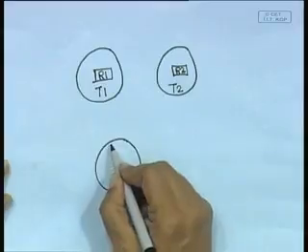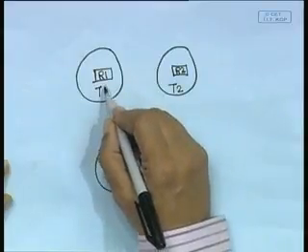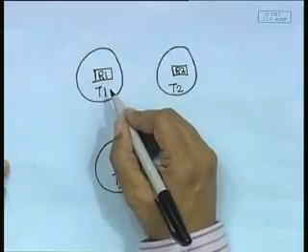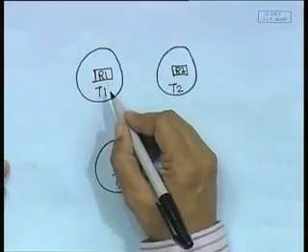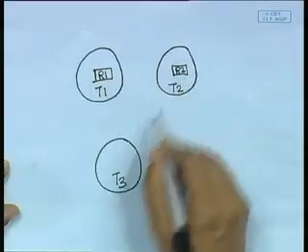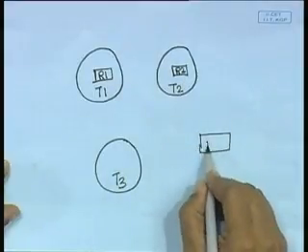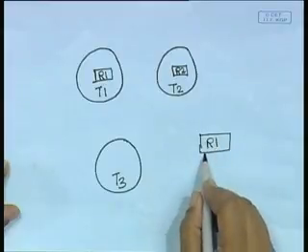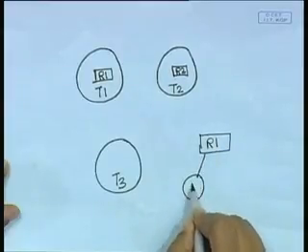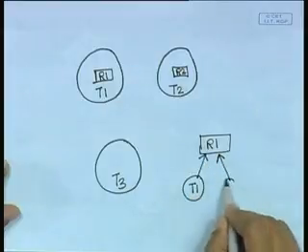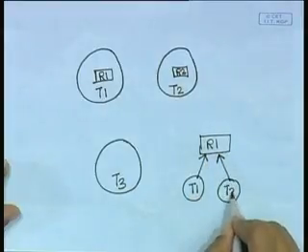Now, as soon as T1 acquires R1, its priority will be raised to the ceiling priority value, is not it? That is the basic protocol. So, according to this scheme, the resource R1 is required by T1 and T3, right.